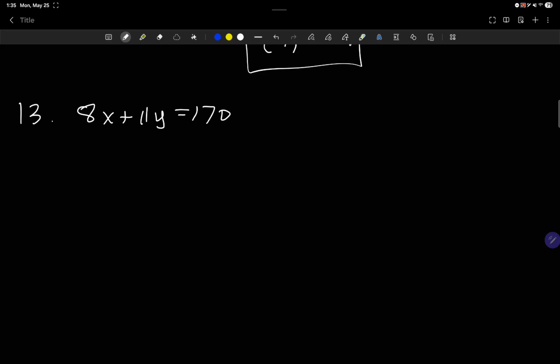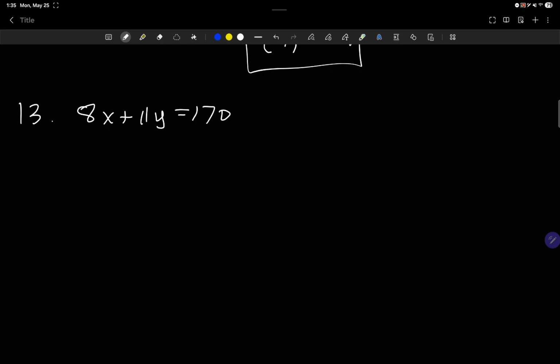The equation gives the possible combinations of the number of 2009 premium grade log cabin pennies, x, and the number of 1996 select grade Lincoln pennies, y, in a collection that is worth a total of $170. If there are 6 1996 select grade Lincoln pennies in the collection, how many 2009 premium grade log cabin pennies are in the collection?